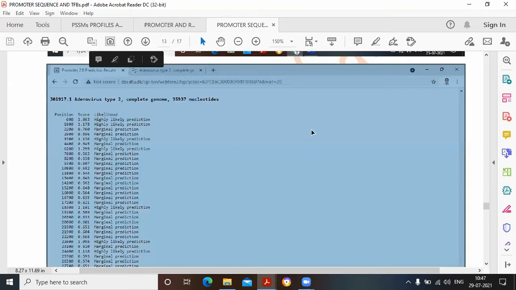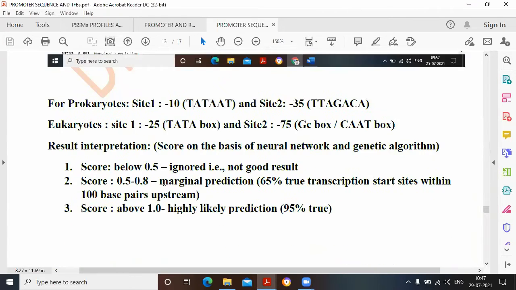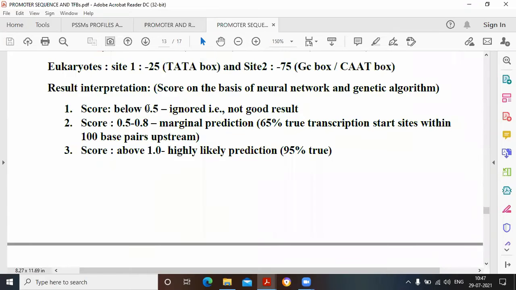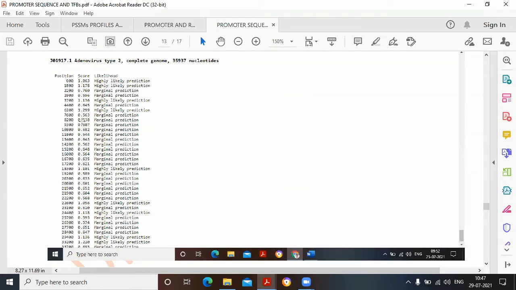Of course, the score is a statistical score, and it has significance. If the score is below 0.5, we can ignore that part, because that means it is not a good predicted result. So if we find anywhere a result less than 0.5, we can omit that.